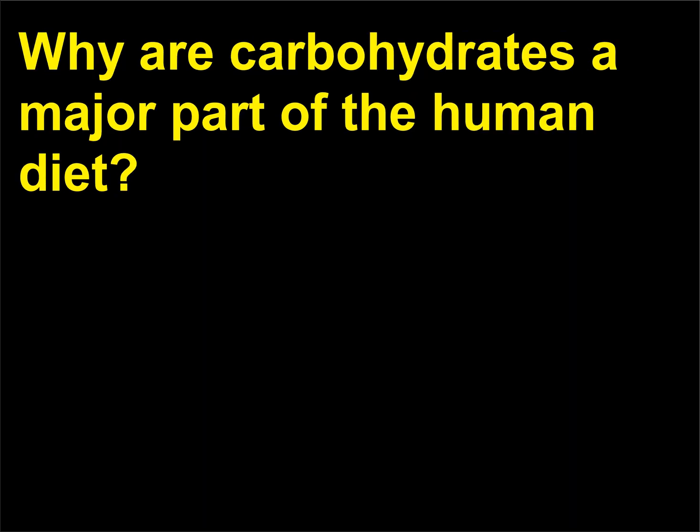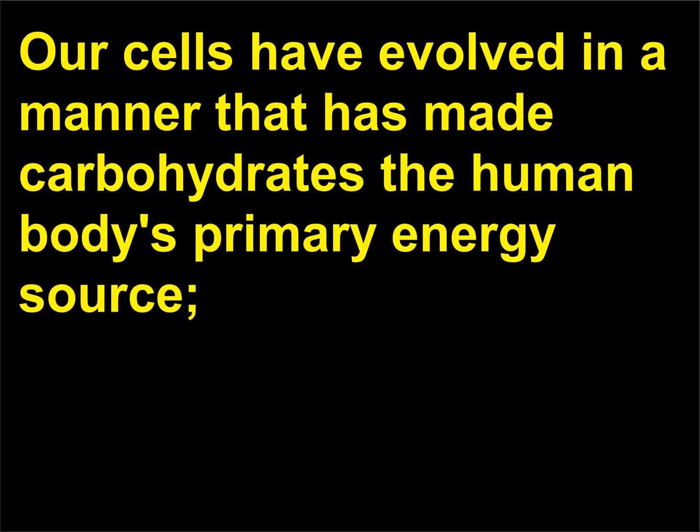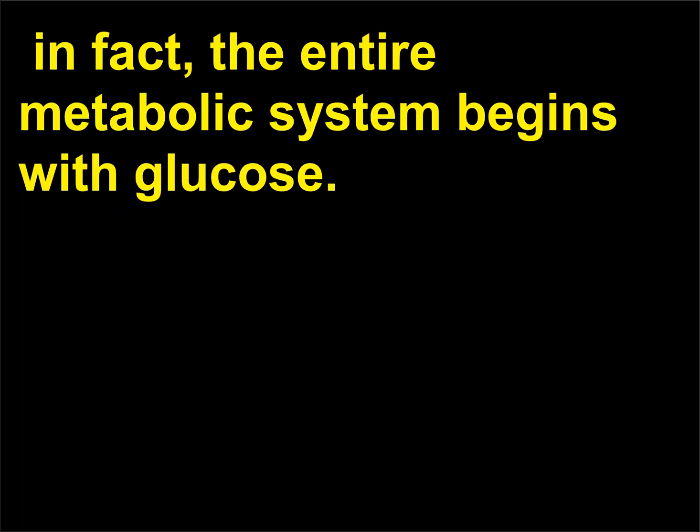Why are carbohydrates a major part of the human diet? Our cells have evolved in a manner that has made carbohydrates the human body's primary energy source. In fact, the entire metabolic system begins with glucose.